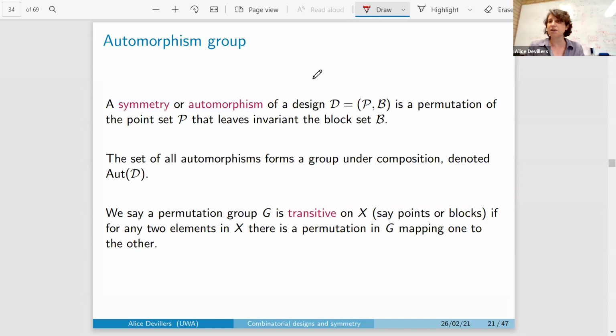Say in this case, it would be transitive on the points or transitive on the blocks or both. And what does that mean? We say that a group G is transitive on X if for any two elements in X there is a permutation in G mapping the first one to the second one.